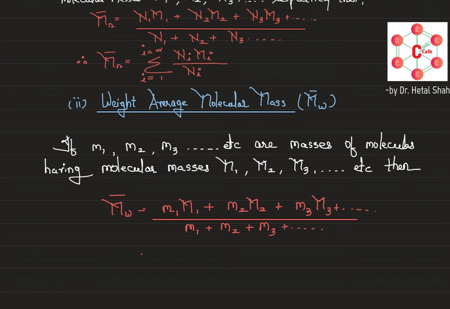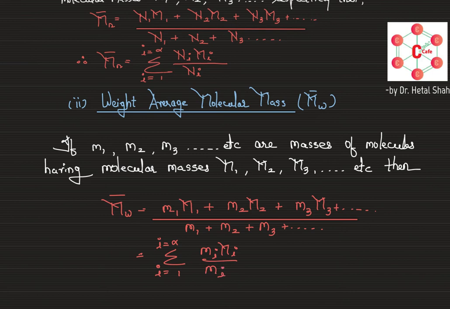This is also given as sigma i equals 1 to i equals infinite, small mi into capital Mi upon small mi, right?